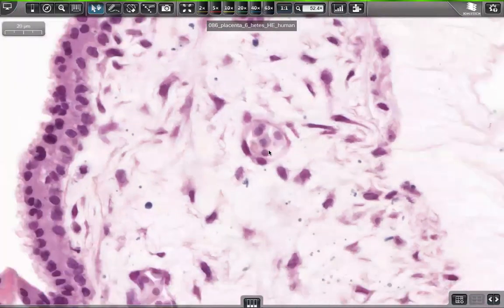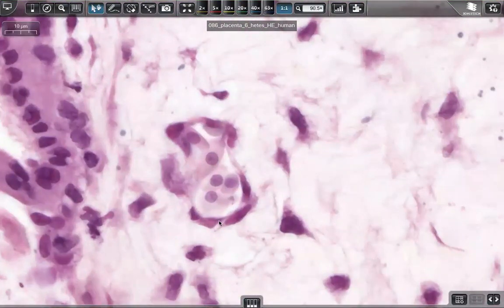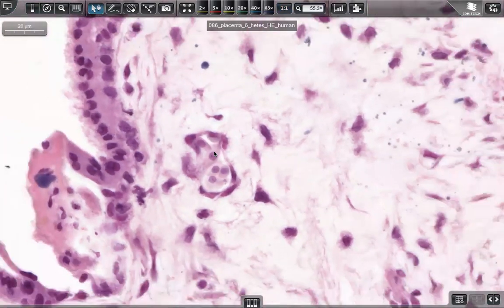So here we have endothelial cells, indicating the vascular capillaries, and we have nucleated red blood cells in the developing placenta. This is a 6-week-old placenta.